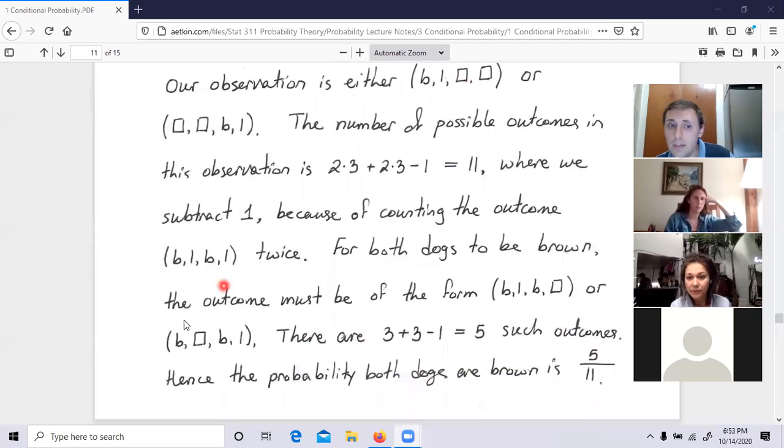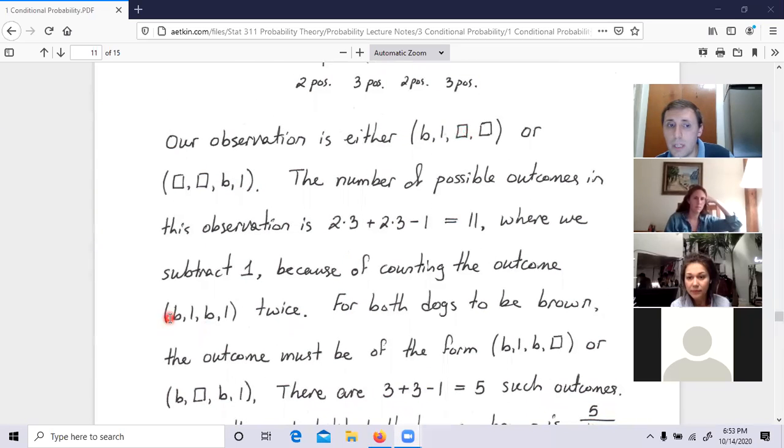Do you see that? So that's why I subtract 1, because here I counted it once, here I counted it again, I counted it twice, so I subtract 1. Right? So I have 11 possible universes to observe.